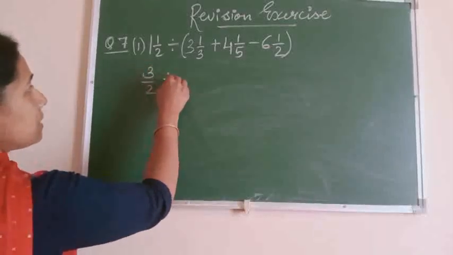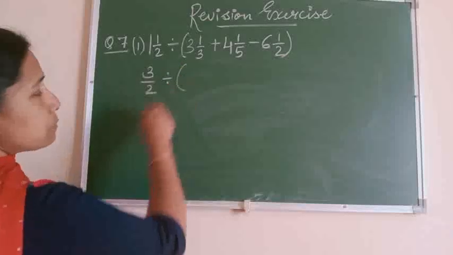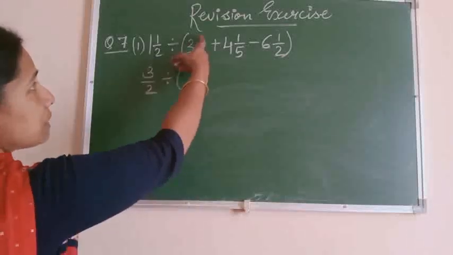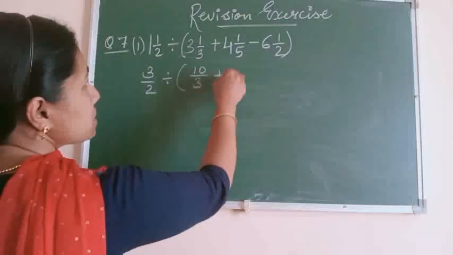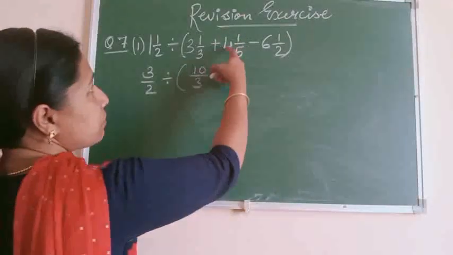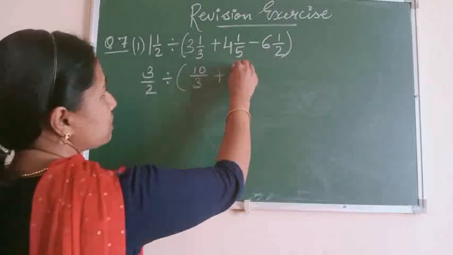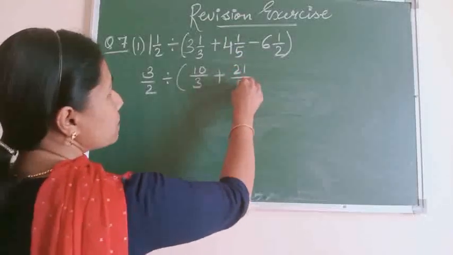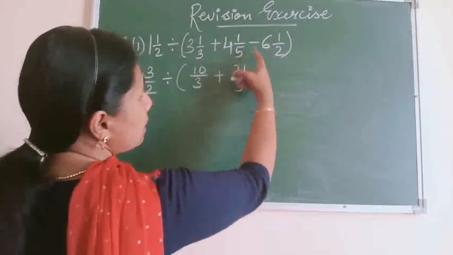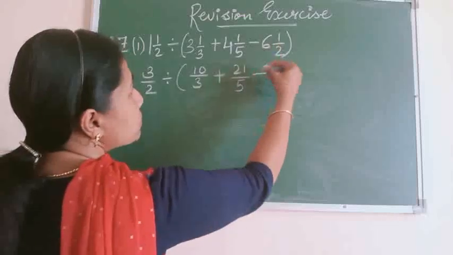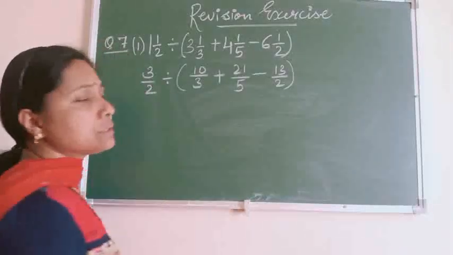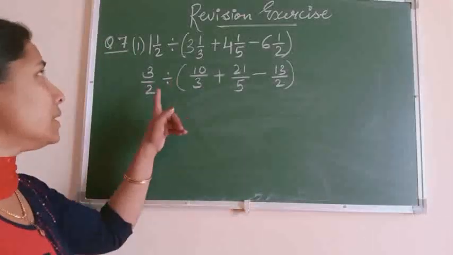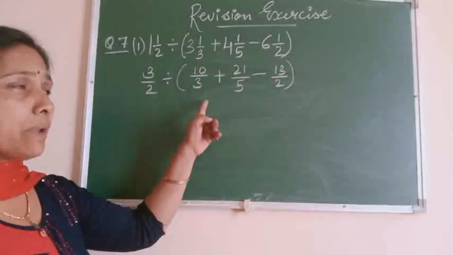Division symbol and bracket are given, so we put a bracket. 3 1/3 means 10/3, plus 4 1/5 means 4 into 5, 20, 20 plus 1, 21, so 21/5, and the minus symbol we put here also. 6 1/2 means 13/2. So in the first step we converted the mixed fractions into improper fractions.